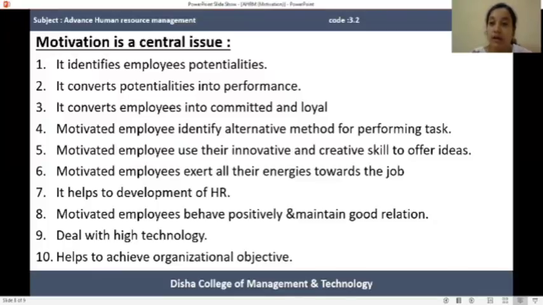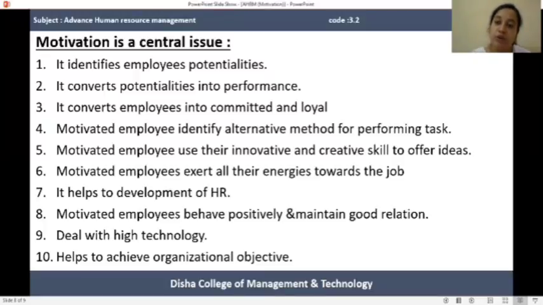So motivation helps to deal with the latest technology, and with the changes initiated in the organization. Next, motivation helps to achieve organizational objectives. The main ultimate objective of motivation is to achieve the organizational objective.